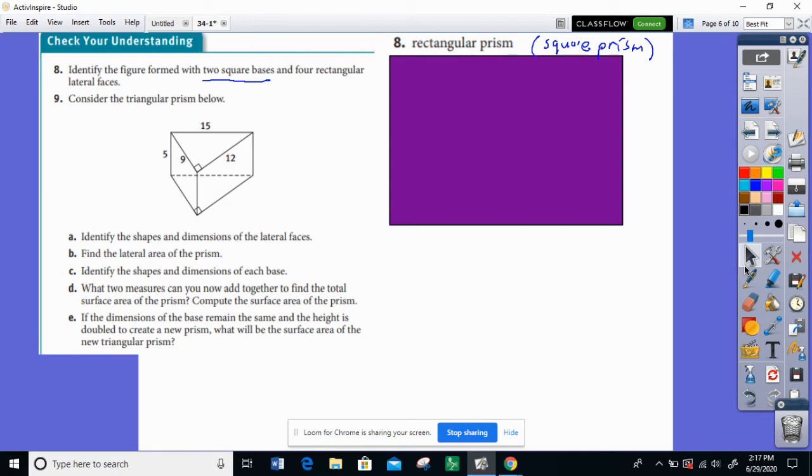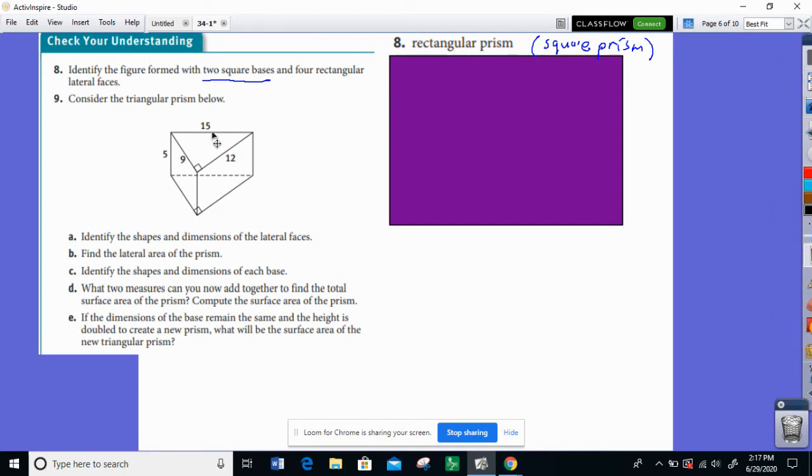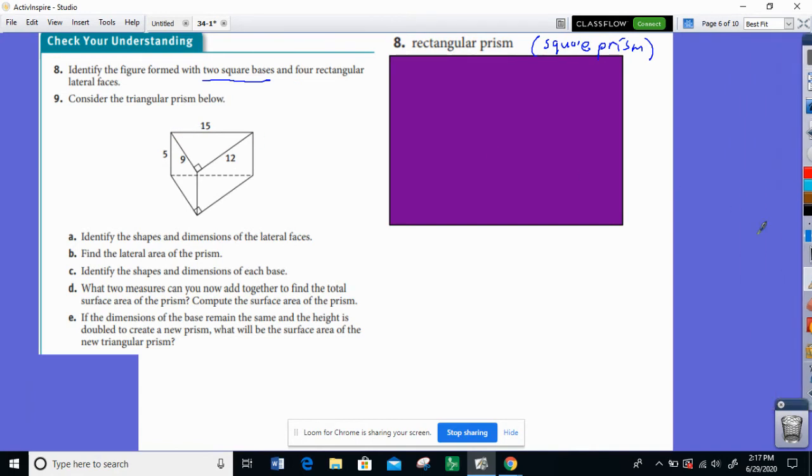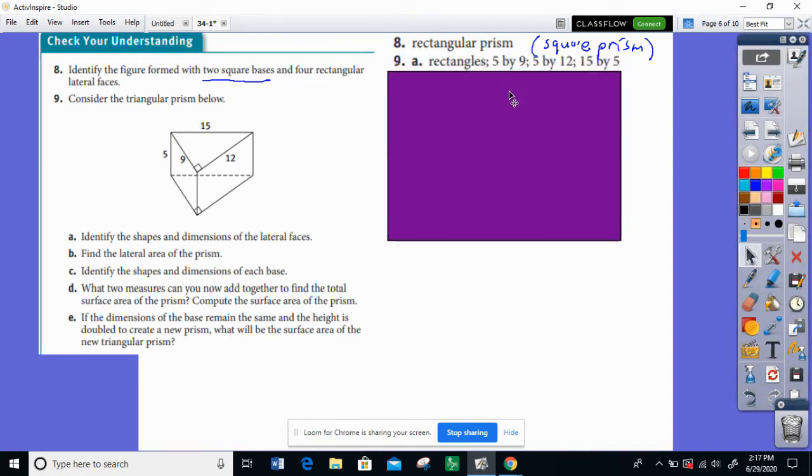Then they've got a picture of a triangular prism here. So it says identify the shapes and dimensions of the lateral faces. Well, if it's a triangular prism, a nice fun fact to note is that for any prism, the lateral faces are always going to be rectangles.